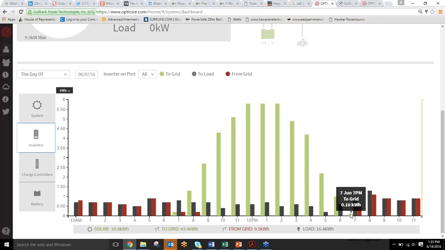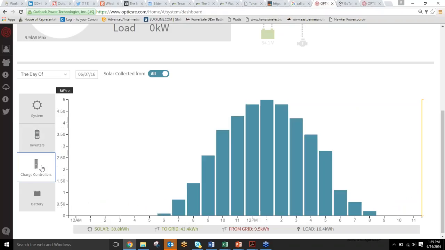By the time we get down here, there's very little production. At 6:30, 7 o'clock, his base loads are growing a little bit, and you can see that he's starting to pull from the grid. From essentially 8:30 until almost 7 o'clock, he is offsetting all of his loads with the solar.